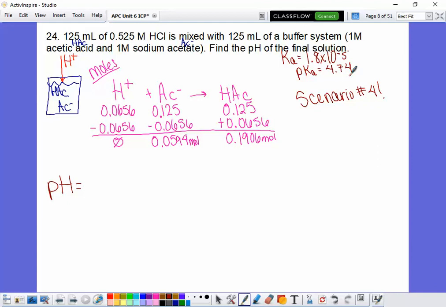So pH equaled pKa before the invasion. After the invasion, it'll still be close to 4.74 because we still have a buffer. It's just going to be a little bit lower because we added strong acid to it.